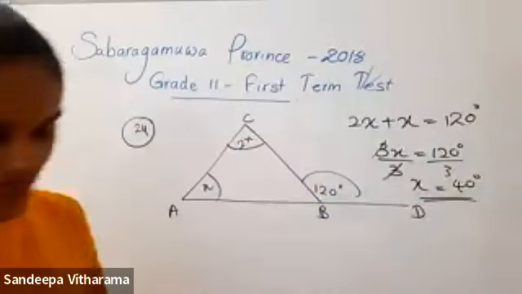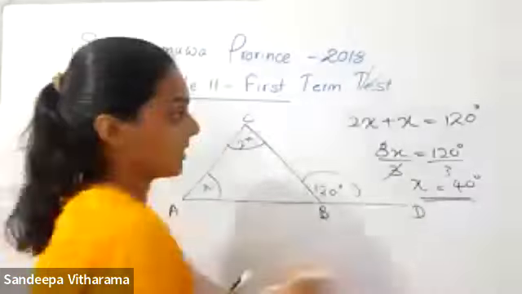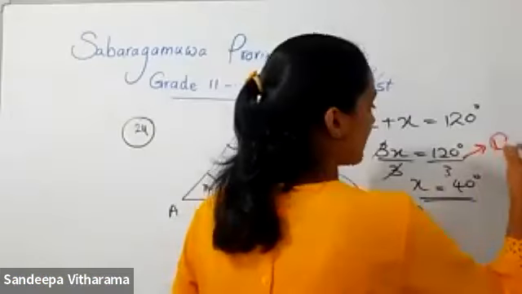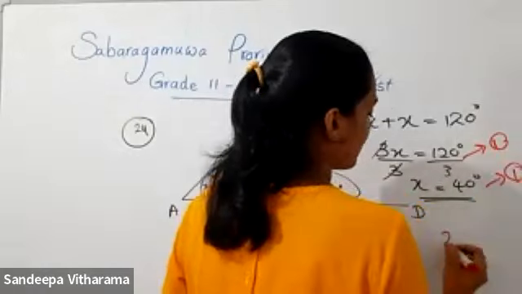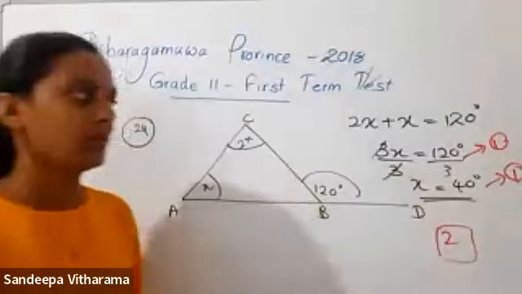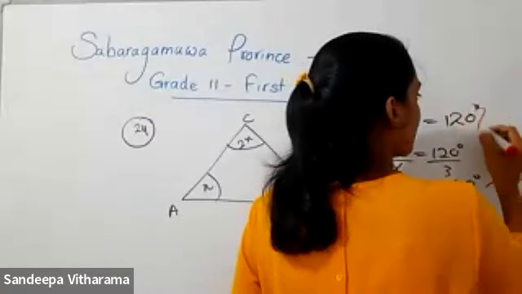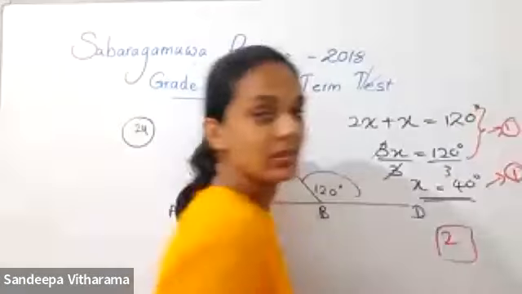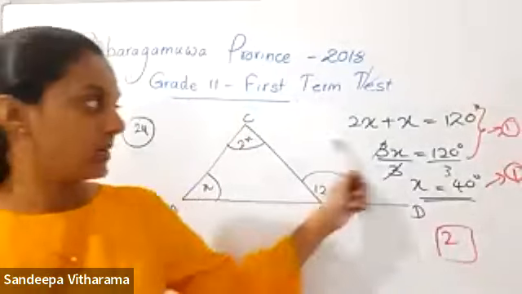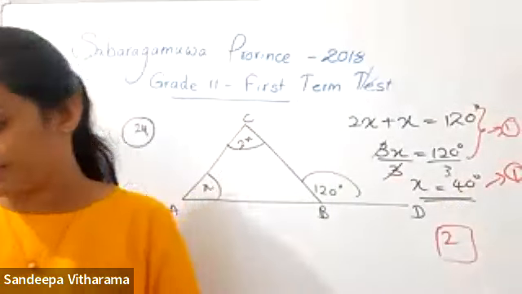Then the answer is 40. So this is how you are given marks, for writing this one especially.